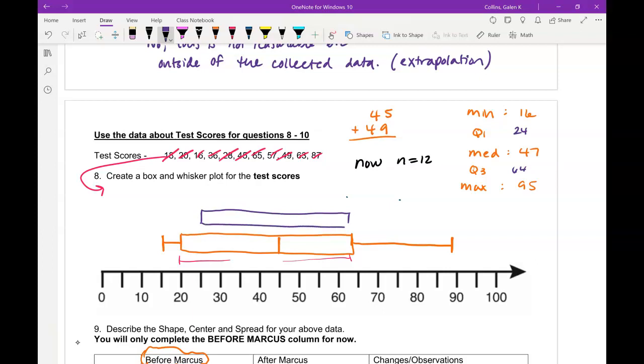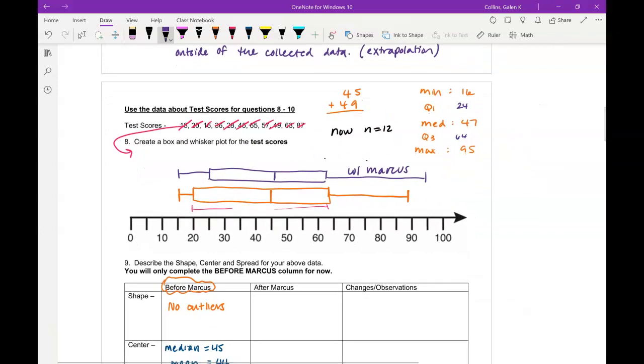And now our median, we said, is 47. Oops. Our maximum now with his data is 95. Our minimum didn't change. So the purple graph is with Marcus's data.